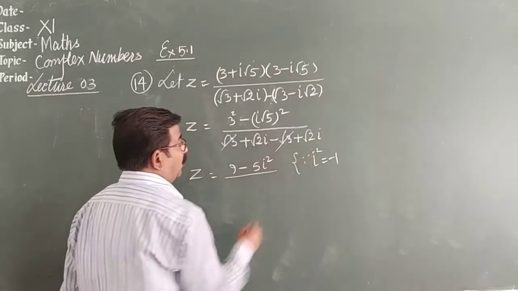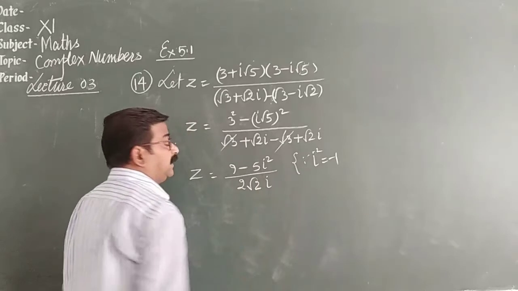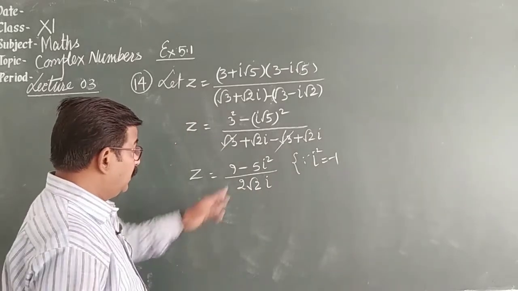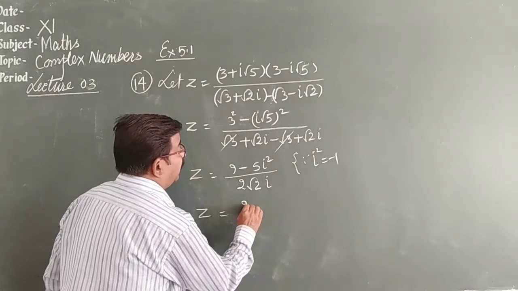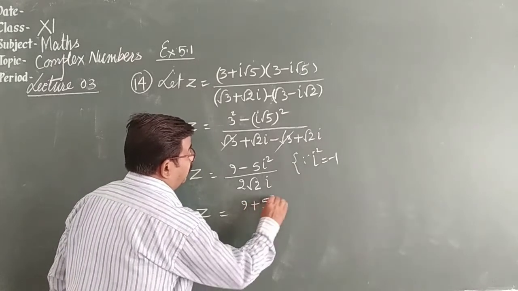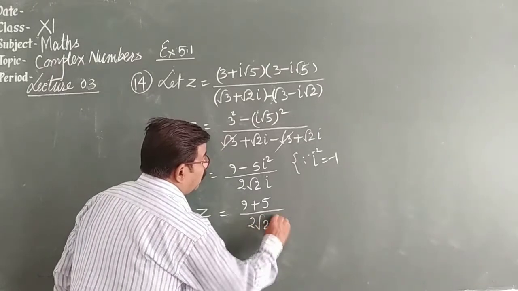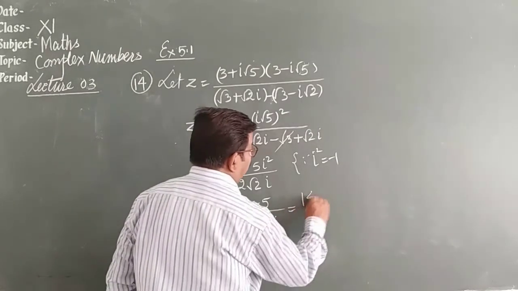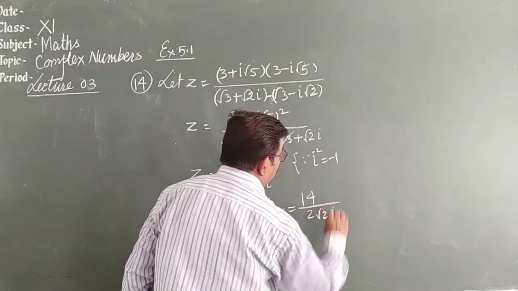Root 2i, what do we have? 2 root 2i. Here z is equal to 9 plus 5 upon 2 root 2i. We have 14 upon 2 root 2i.